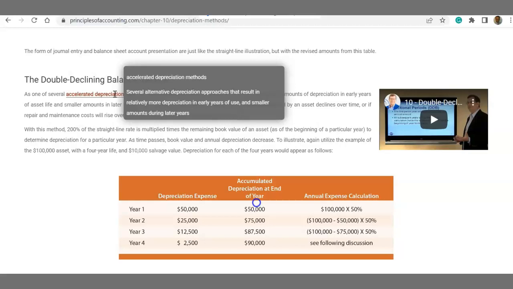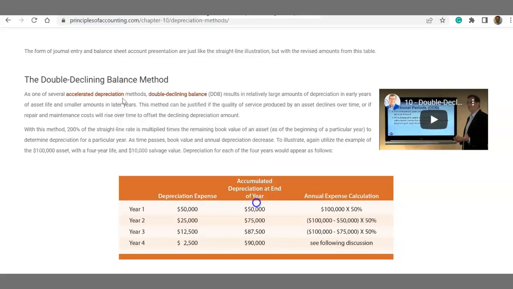That's why you call it double declining. But we have the 150% declining balance method. We have the 125% declining balance method also available. But normally the double declining balance method is the more popular one. And the double declining balance method is also very common in tax depreciation.